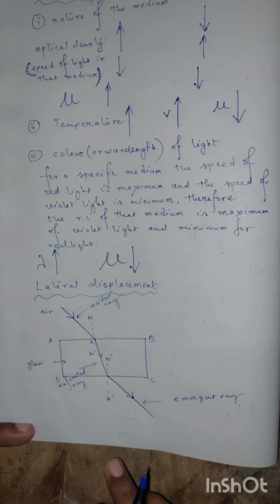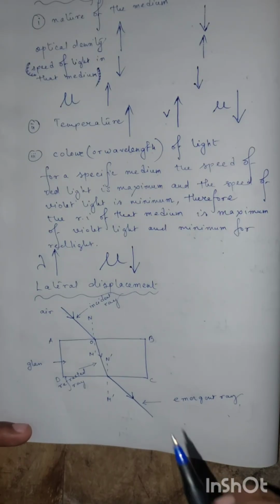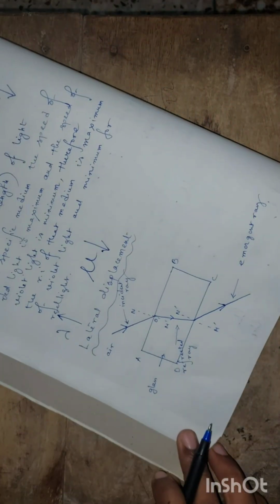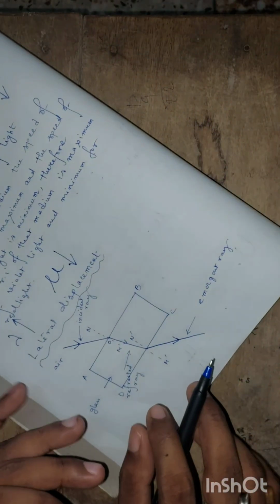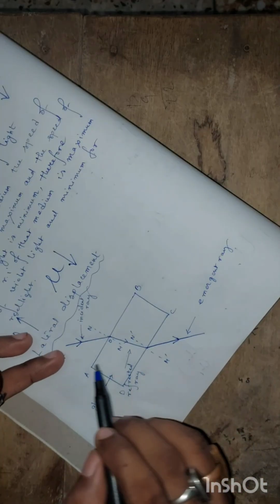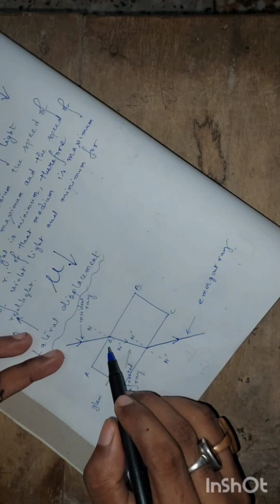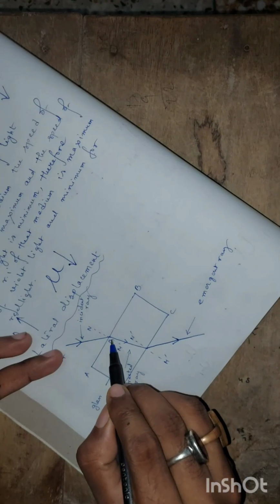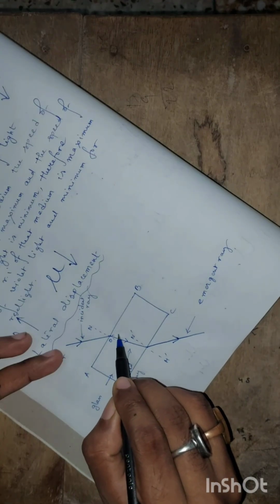Now we can see that in the absence of this rectangular glass block, the light ray should be following this path.